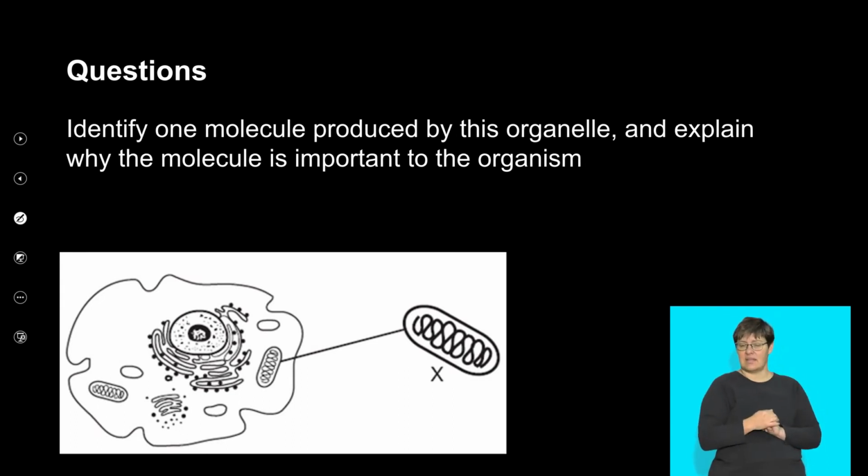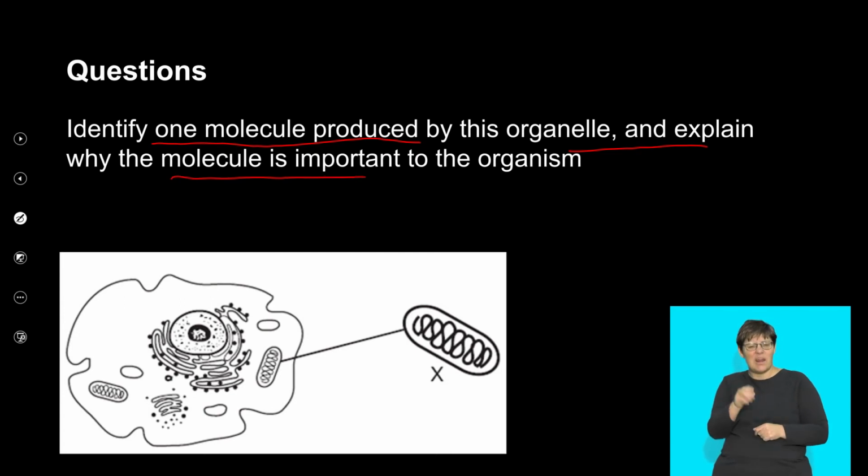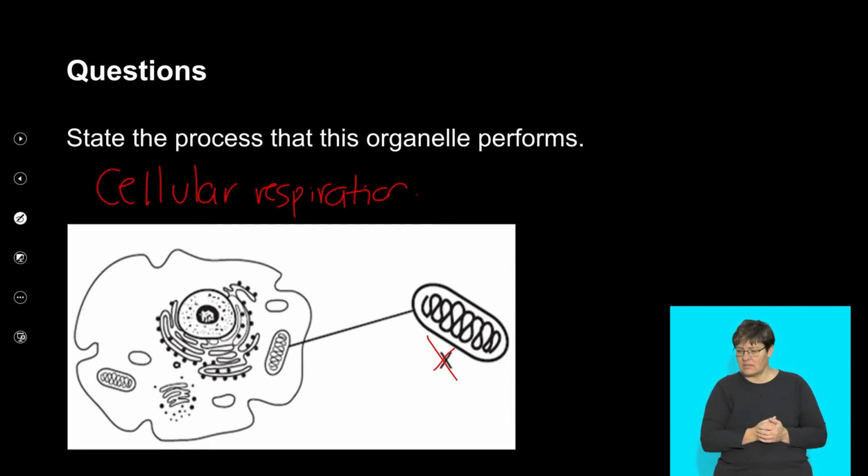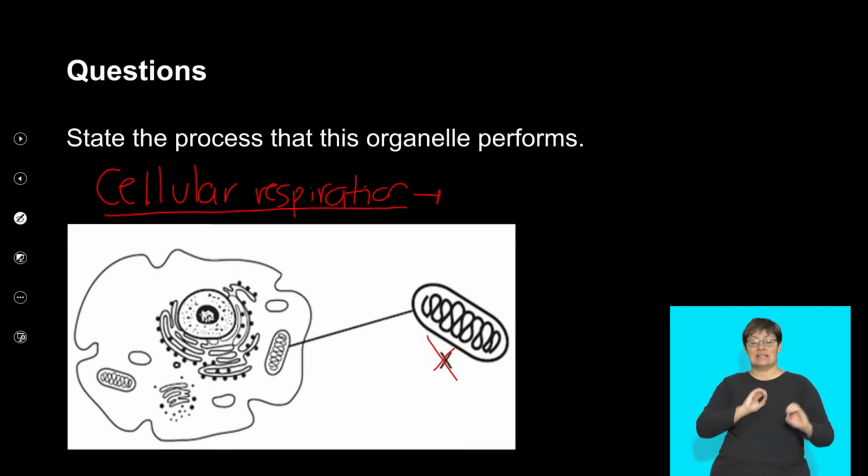Identify one molecule produced by this organelle and explain why this molecule is important to the organism. Now, we said, let's go back over here, that the process was cellular respiration. Although we haven't learned the process of cellular respiration, we've looked at the mitochondria and we know what it needs.